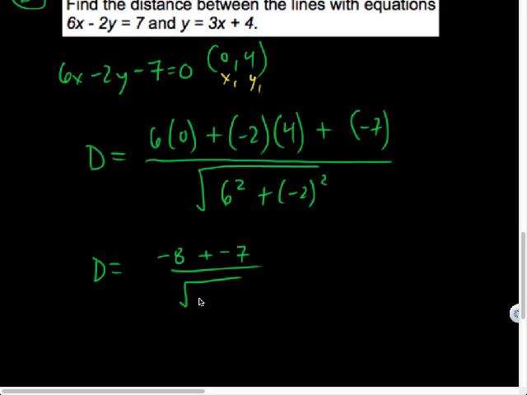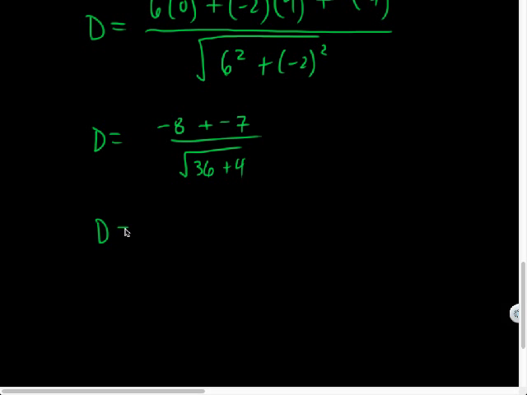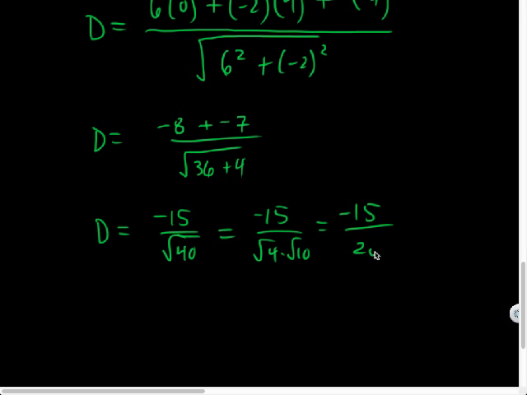I don't know why my negatives ended up quite that way, but this will simplify either way to d equals negative 15 over the square root of 40. I could break that up: the square root of 4 and root 10. So negative 15 over 2 roots of 10.